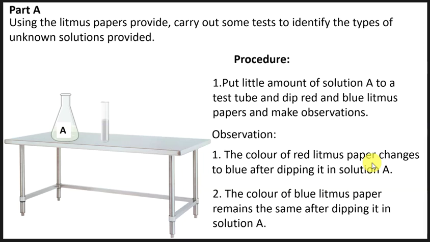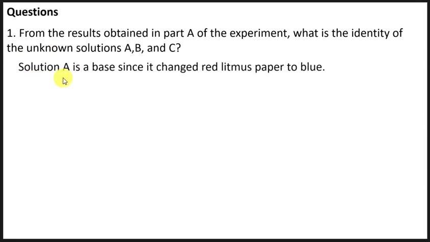Since we have seen red litmus paper changing to blue, solution A is a base. So we go back to our question and record our answer: solution A is a base since it changed red litmus paper to blue.